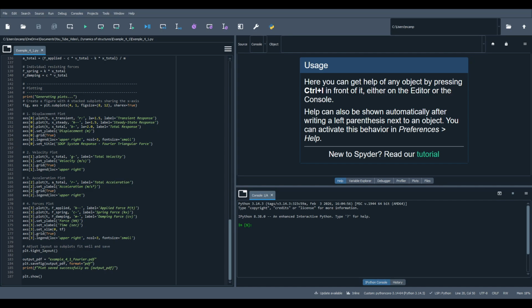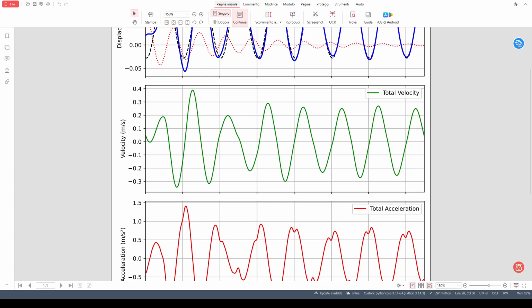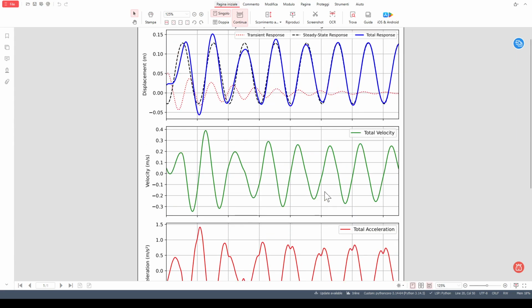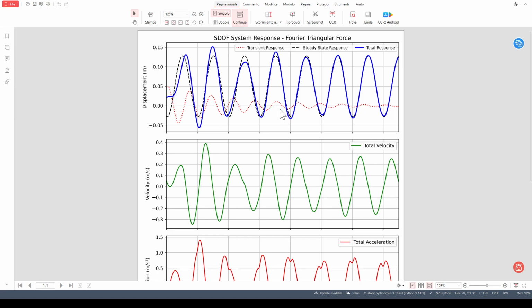We can see here the first graph, where the transient response is the red line, the steady state response is the black line, and the total response is the blue line, the combination of the transient and the steady response.